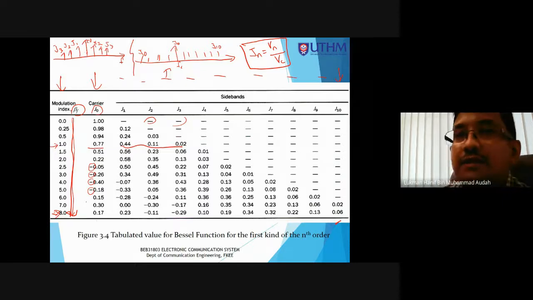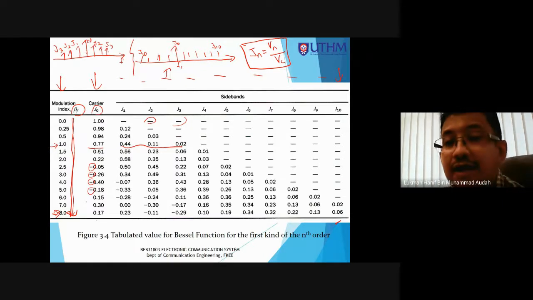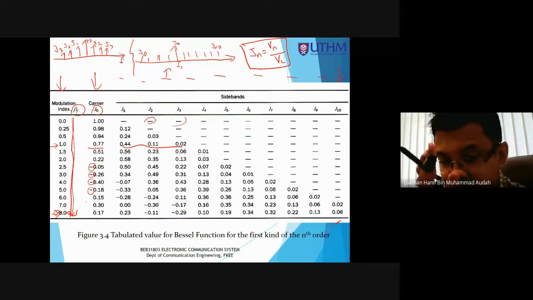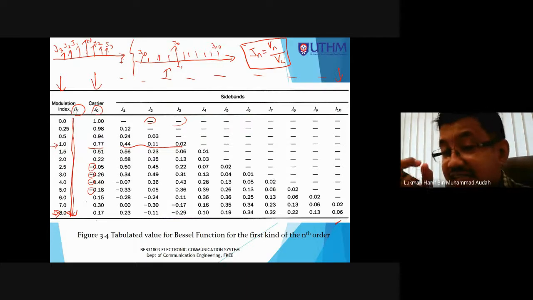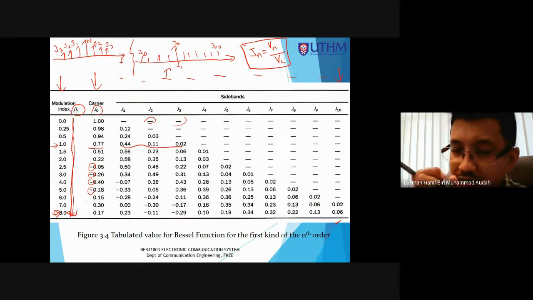Kalau you lihat table sebenar, akan ada values yang kurang daripada 0.01. So no problem. That one is not a big problem, because in this example, we eliminate the values less than 0.01. Nanti dia akan ada kesan sedikit, very small difference.